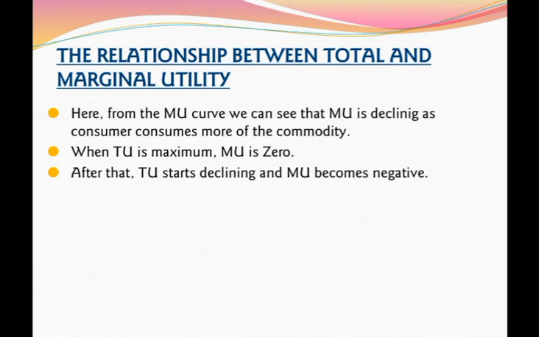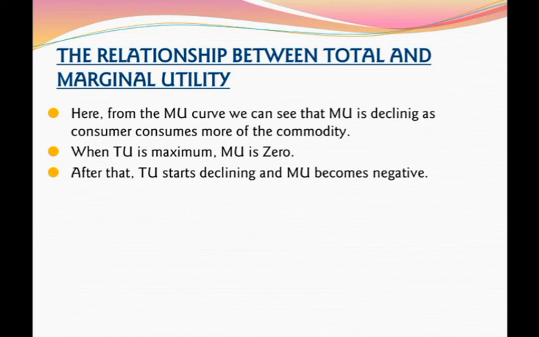The second relationship is that when total utility is maximum, then marginal utility is 0. In the diagram also you can see that at the point where total utility is at its maximum, marginal utility is equal to 0.